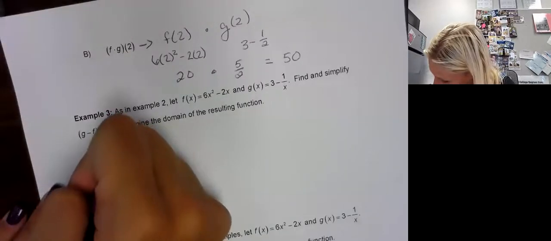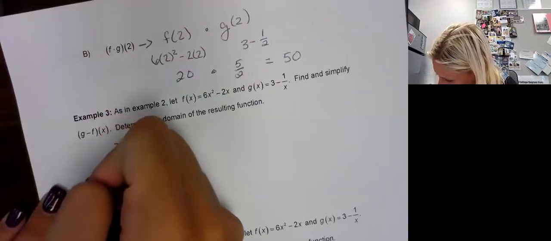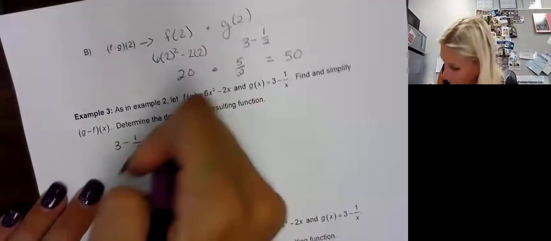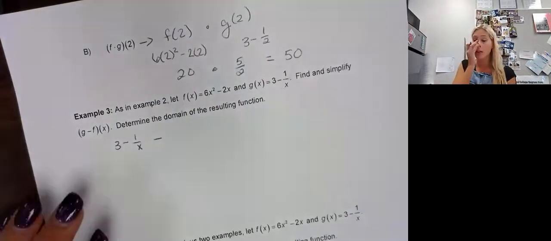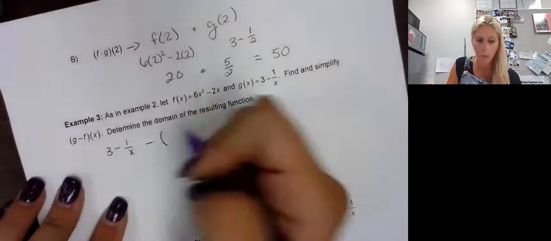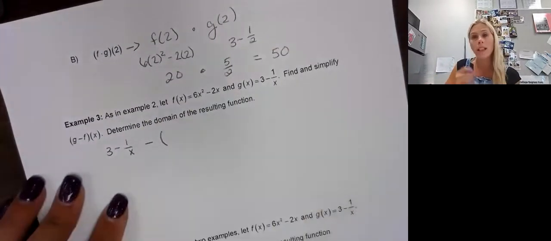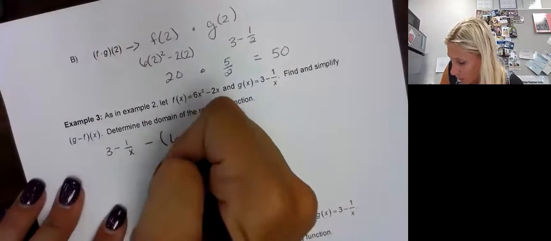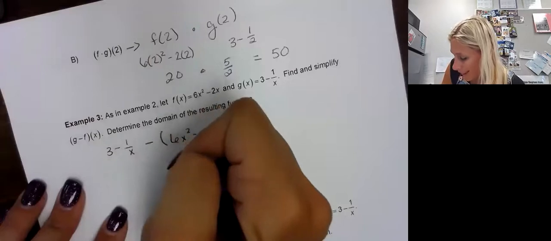So I have 3 minus 1 over x minus. Now here's the other thing with subtraction. Make sure that you have those parentheses in there, because we're going to have to distribute that negative out. If you forget those parentheses, you will get the answer wrong.